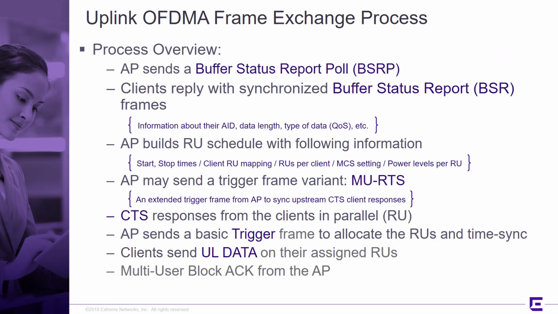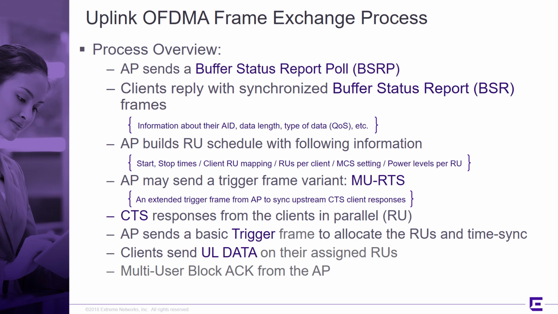Again, this is a textual walkthrough of the same thing we saw on the last slide. The process is simply that the AP needs to know what the buffers look like on the client, so it sends a BSRP. The clients are going to reply with BSRs on their assigned RUs, which are assigned by the BSRP frame, which is a type of trigger frame. And of course, part of that BSR is going to be information about their AID, the data length that they have to send, and the type of data, which is the QoS level or access category they have to send, and so on.